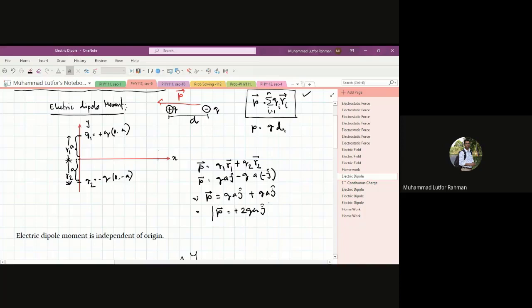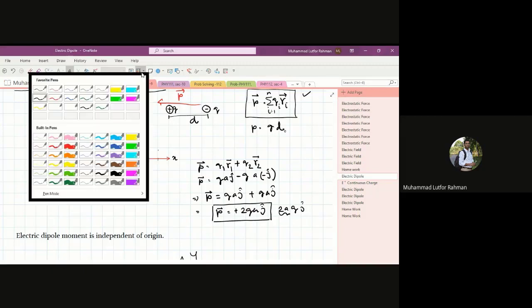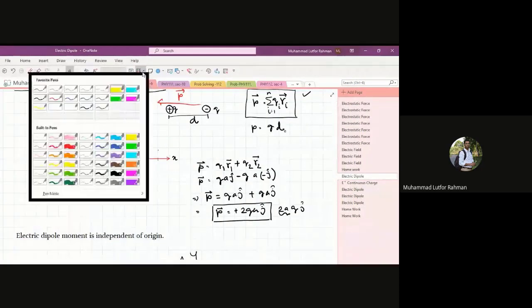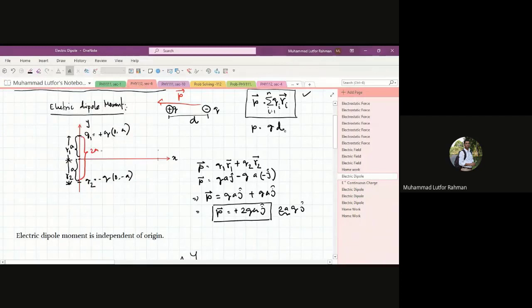So the electric dipole moment is 2AQ into j hat. 2A is the distance between these two charges, and the direction of this dipole moment is towards the positive j hat, which is from the negative charge to the positive charge. That's why we can express the electric dipole moment in that form.